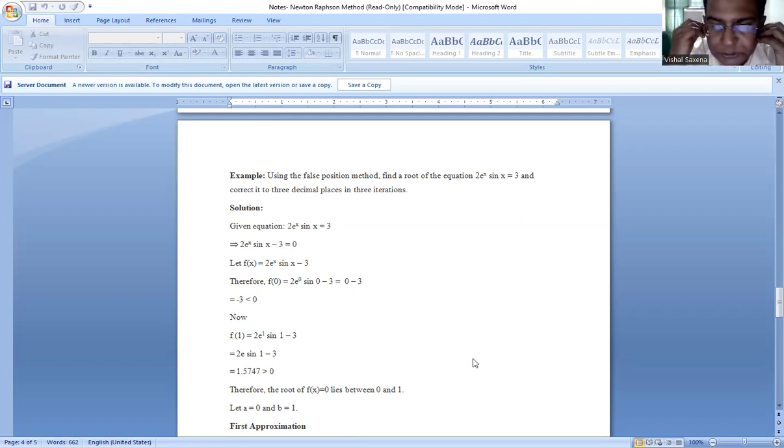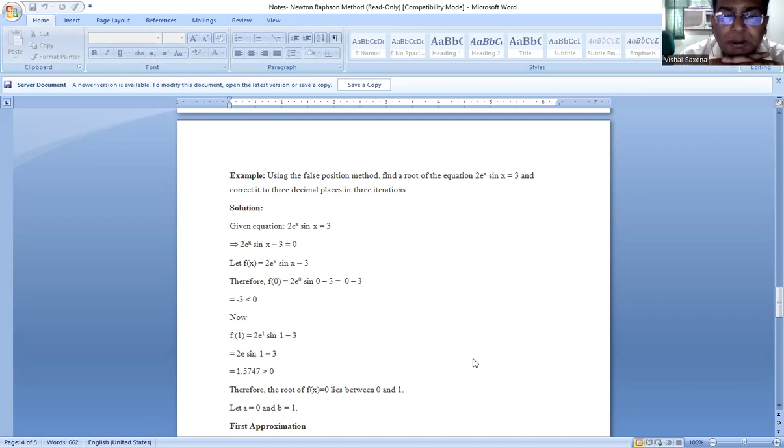First of all, this equation is called a transcendental equation, because different functions are involved. The given equation is 2 e raised to the power x sin x minus 3 equal to 0, and suppose the function f(x) is 2 e raised to the power x sin x minus 3.